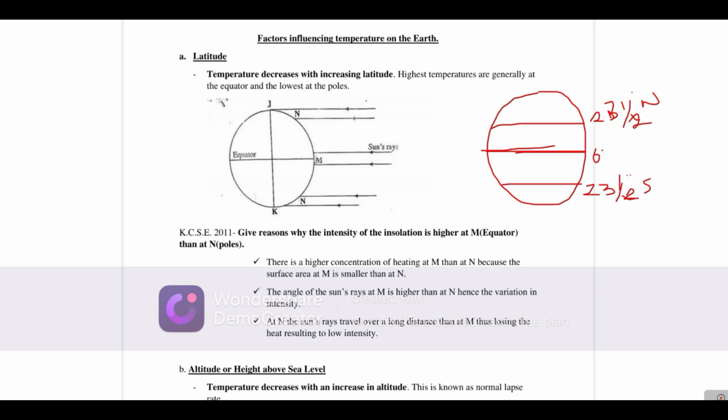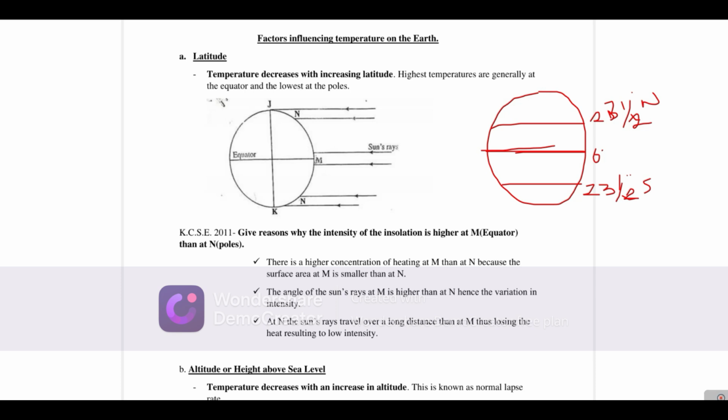Now, temperature decreases with increasing latitude, and vice versa is true, whereby a decrease in latitude leads to an increase in temperature.